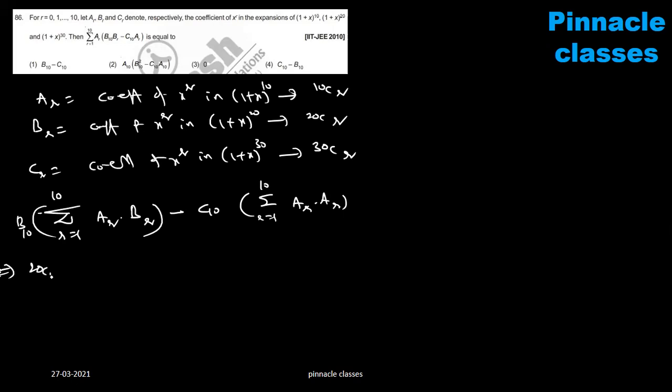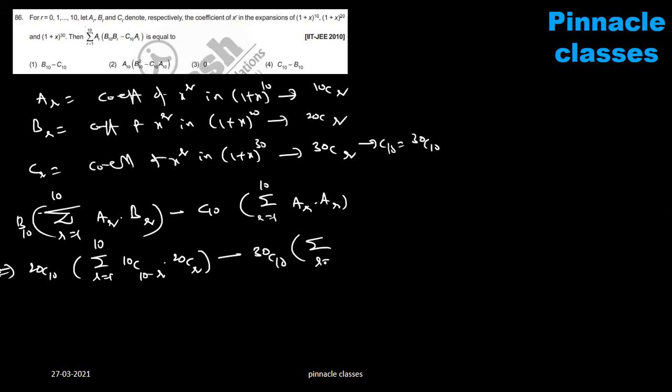That is 20C10 into sigma r from 1 to n. I can write 10C10 minus r. Br is 20Cr minus 30C10. A10 means into sigma 10C10 minus r into 10Cr.